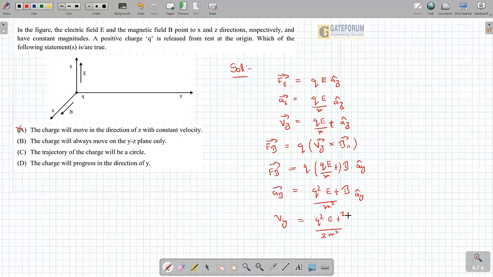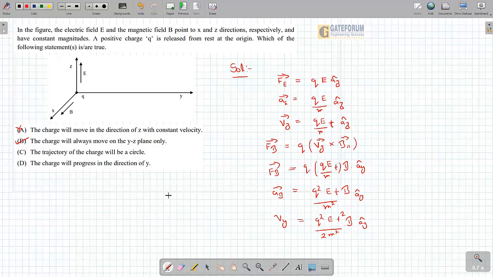This is along the y direction. So the charge will go in the y direction, that is for sure, because we got the velocity in that direction. So this is true.